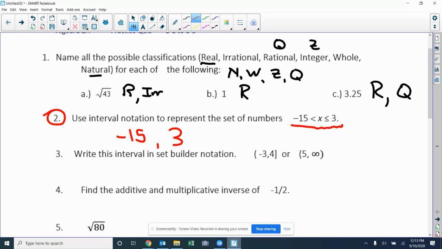No, it's just x greater than, so open. x less than or equal to needs that bracket, and you're done with that one. That is the easier of the 2. That is easier than number 3. Number 3 is a little harder.